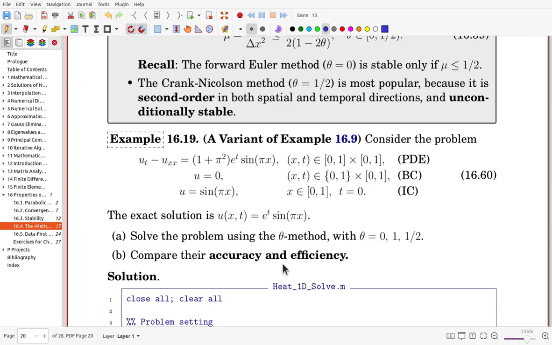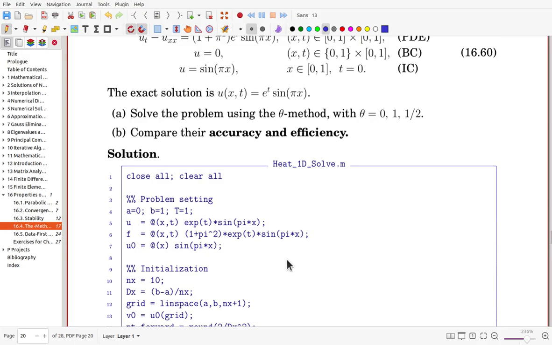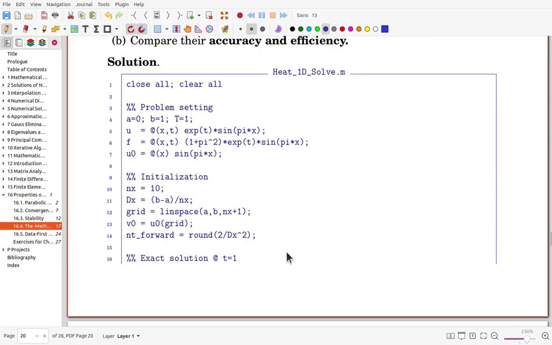accuracy and efficiency. Okay, we have here MATLAB code, heat equation in 1D, and we try to solve that. Now, 0 and 1, this is the domain, and the last moment is 1 for the time direction, and that is the exact solution, and that is the right hand side, and this is the initial condition.